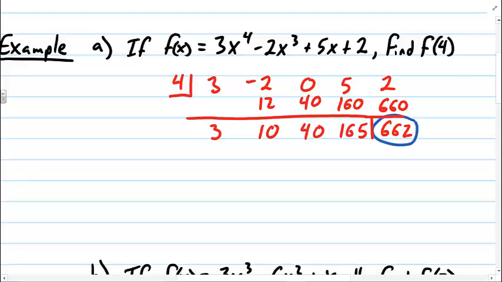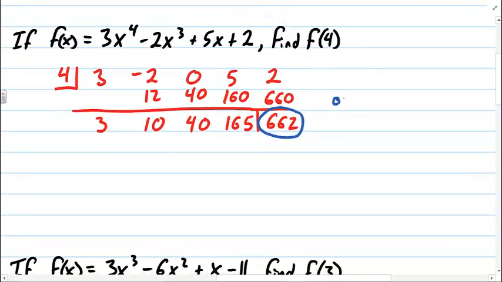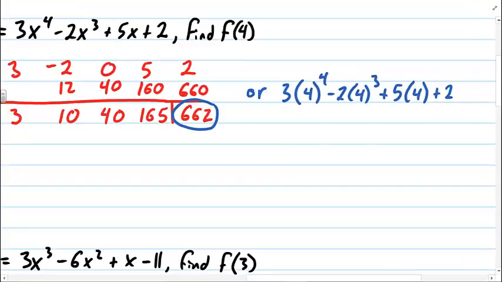You might wonder why that's important to do. Think about the other way to do this problem. It would be something like this. I would have to do 3 times 4 to the 4th minus 2 times 4 to the 3rd plus 5 times 4 and plus 2. Working my way backwards wouldn't be a problem.